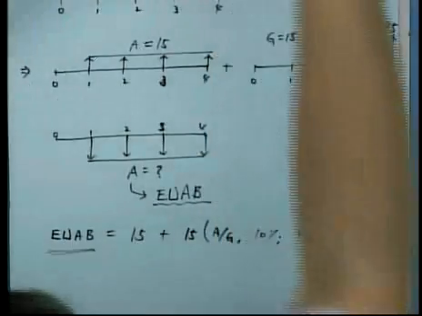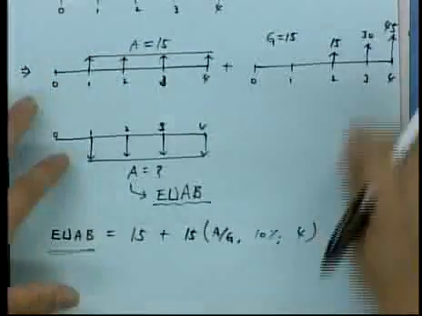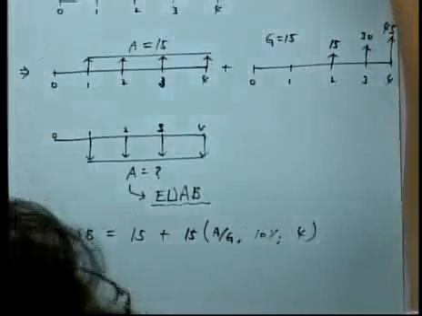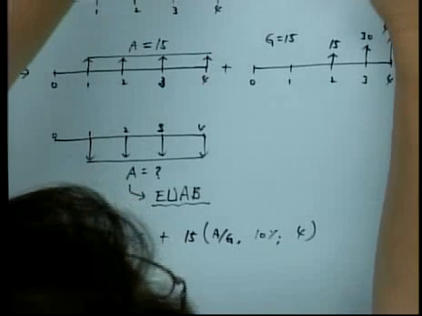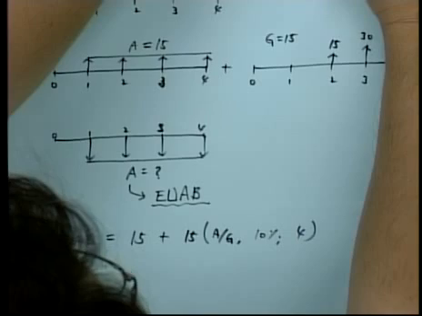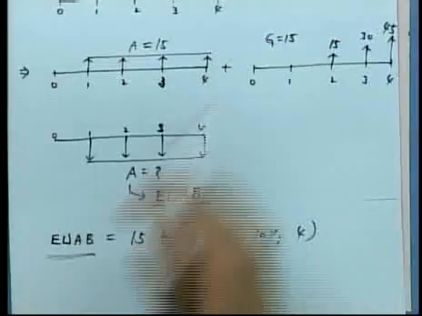So let's get the table values for this factor. 10% A given G over 4 periods, that's going to be 1.381.